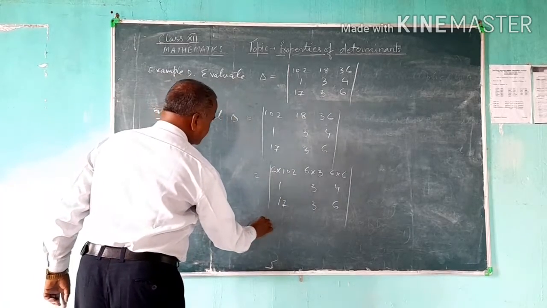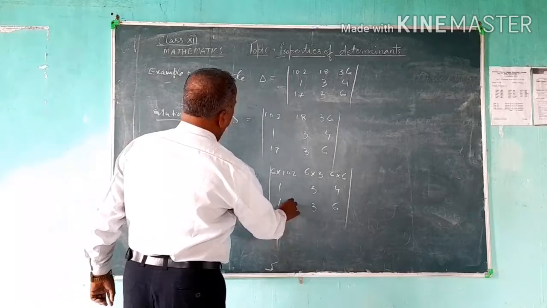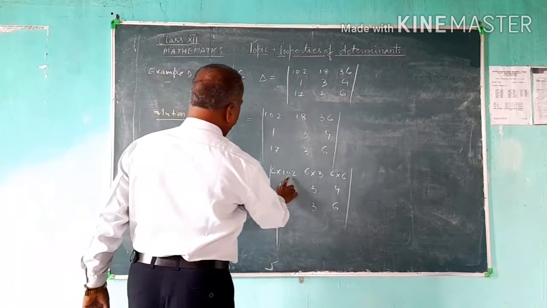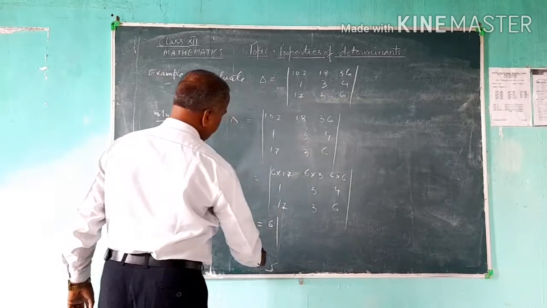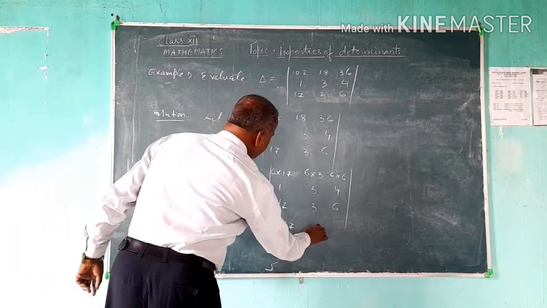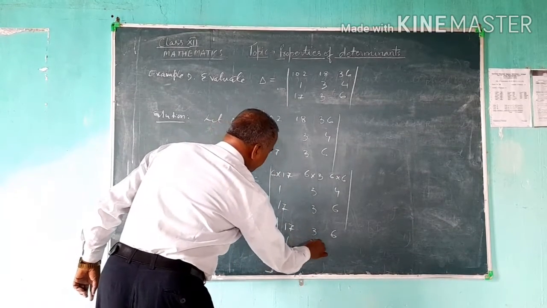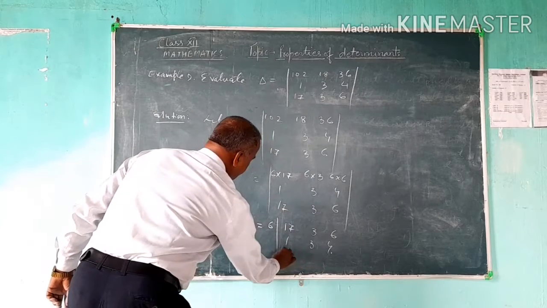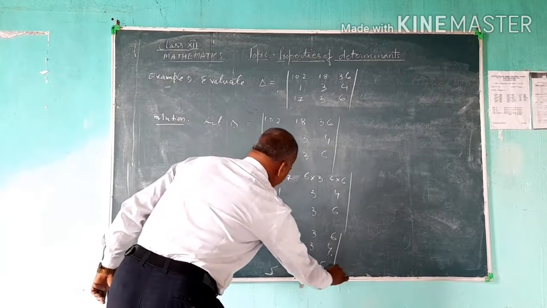So taking 6 common from R1, we get 17, 3, 6, 1, 3, 4, 17, 3, 6.